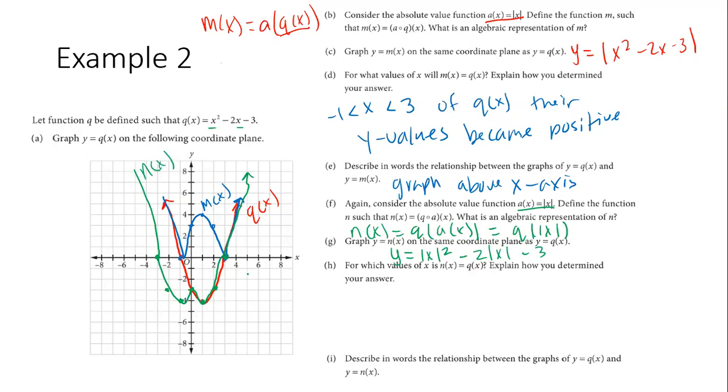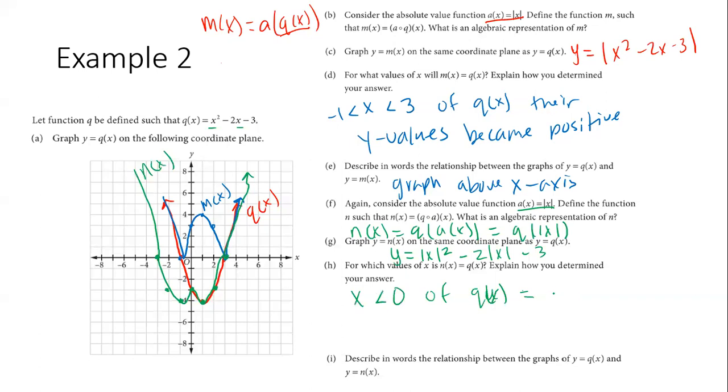So here is my n of x. For this one, all of our x values less than 0 of q of x equal what?